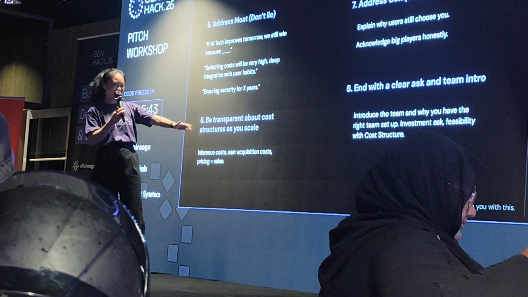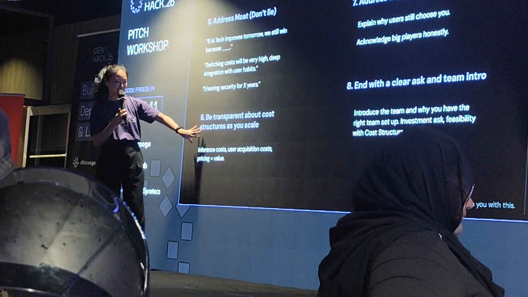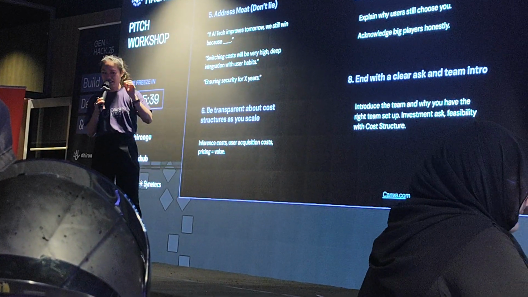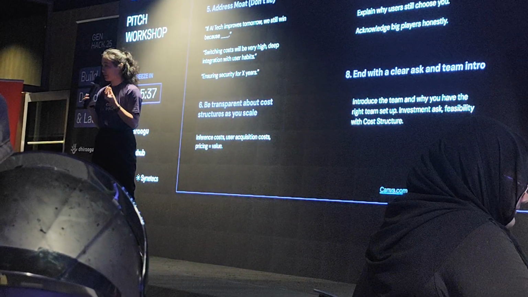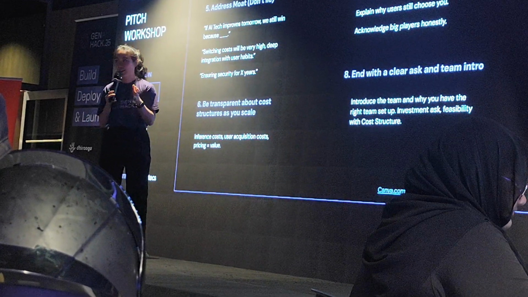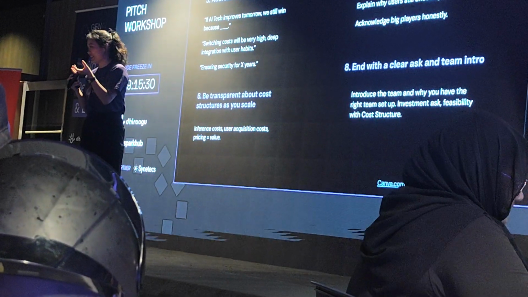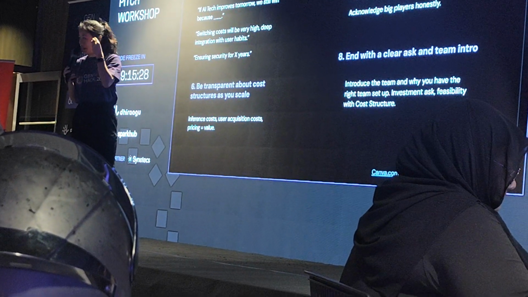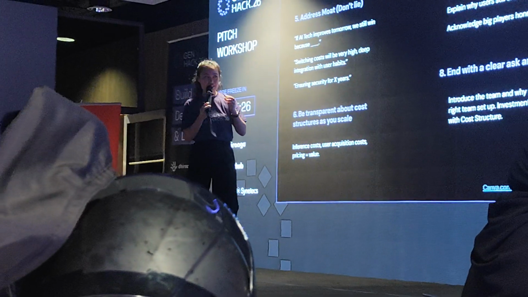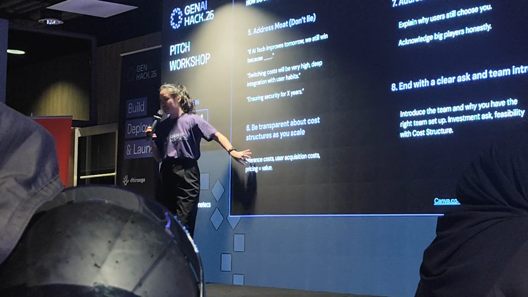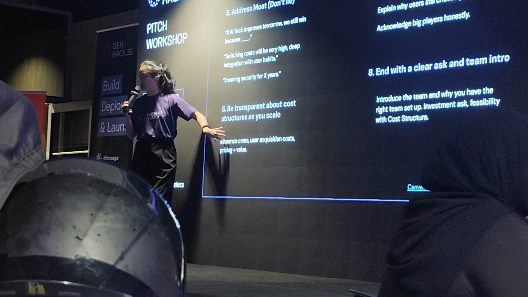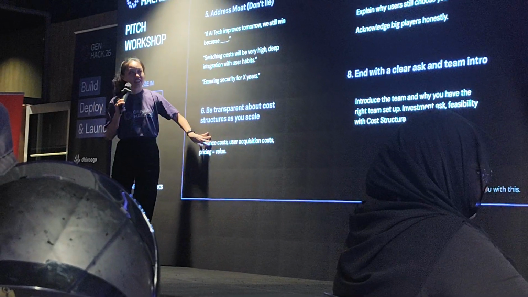But be transparent about the cost structures and show them how you're going to optimize and use your money in the future. Even though this is a fake product, currently just a beta project in the beginning, you can always try to plan and see if you can include this. This is part of the judging criteria also, just seeing how you can plan for the future.